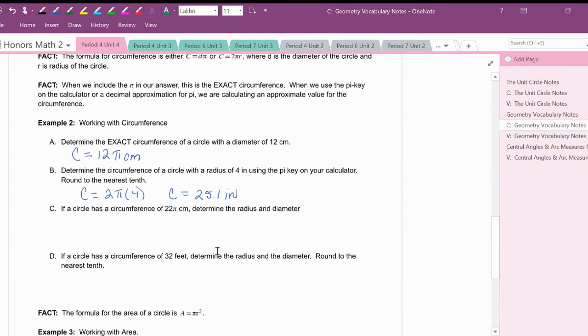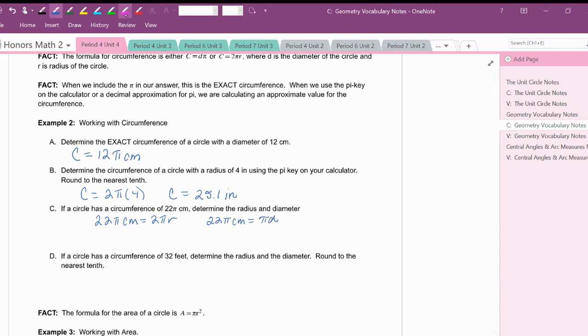This one says if a circle has a circumference of 22 pi centimeters, then determine the radius and the diameter. So to get the radius, we would take this and set it equal to 2 pi r. To get the diameter, we take the circumference and set it equal to pi times the diameter.